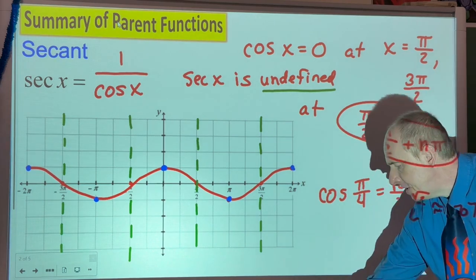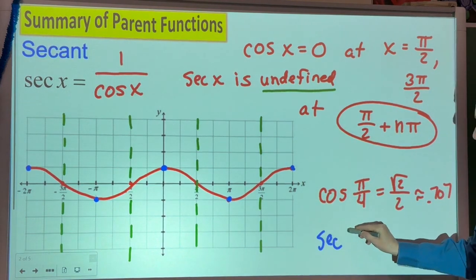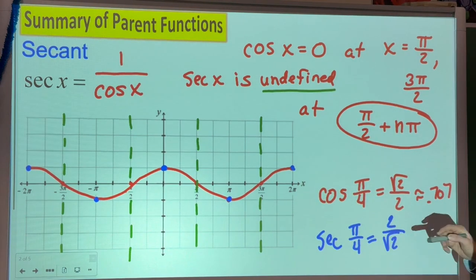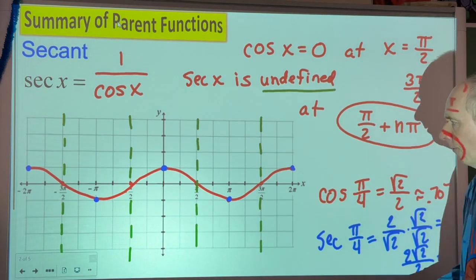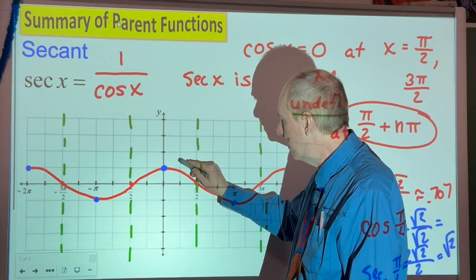To get our secant, we would take the reciprocal of that. It'd be 2 over radical 2. We'd have to rationalize. Times radical 2 over radical 2 would give us 2 radical 2 over 2, which is just radical 2. What is that value? Well, put that in your calculator if you don't know it. The square root of 2 is about 1.41. So at pi over 4, we're up at 1.4.